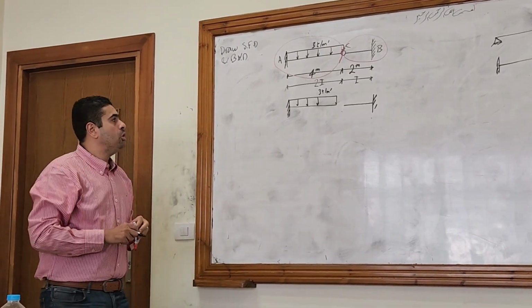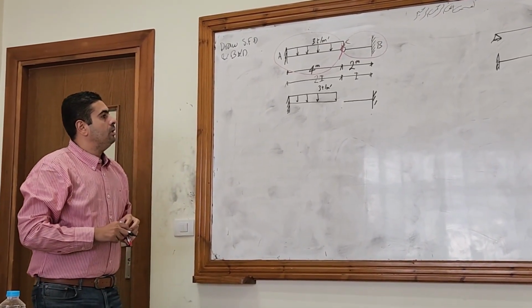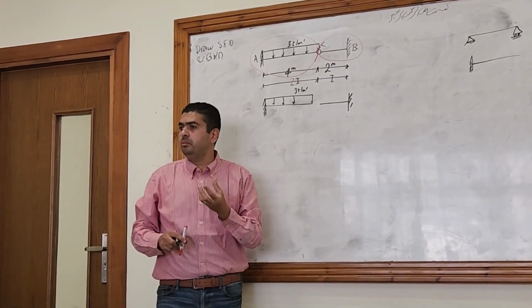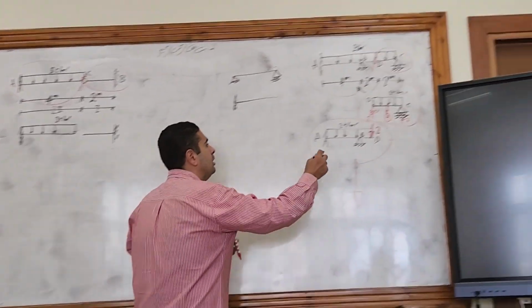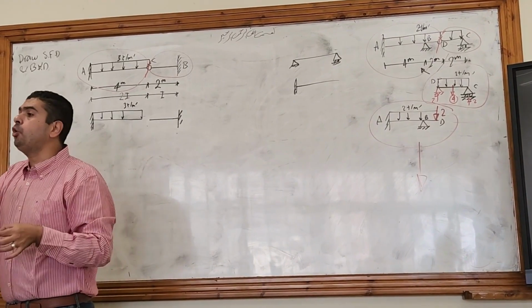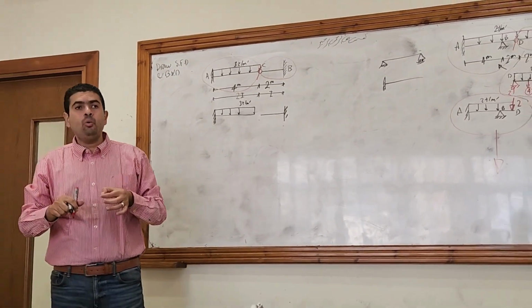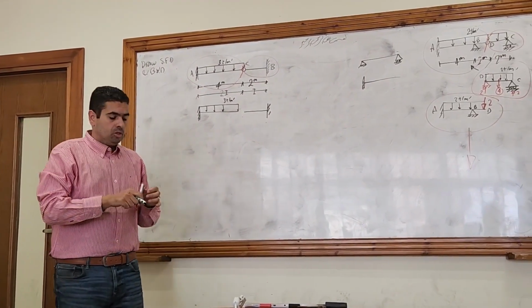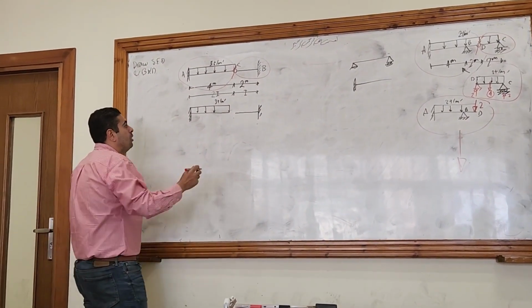In all cases, if there is a compound beam, what will be here in the hinge? It has to be 2 equal reactions, one up and one down. Right? So that's what I know now.